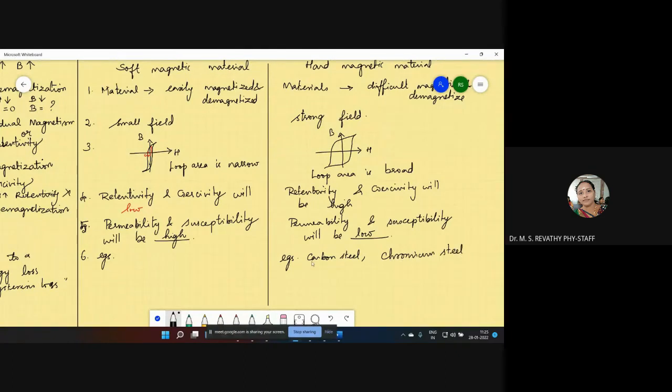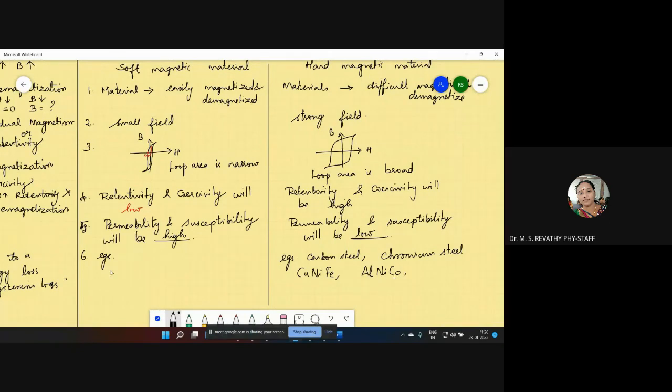Then you have the famous Cunife, then Alnico. These are some of the examples. Here, Cunife is nothing but copper, nickel, and iron, and Alnico is nothing but aluminium, nickel, and cobalt. So this combination will make a hard magnetic material.